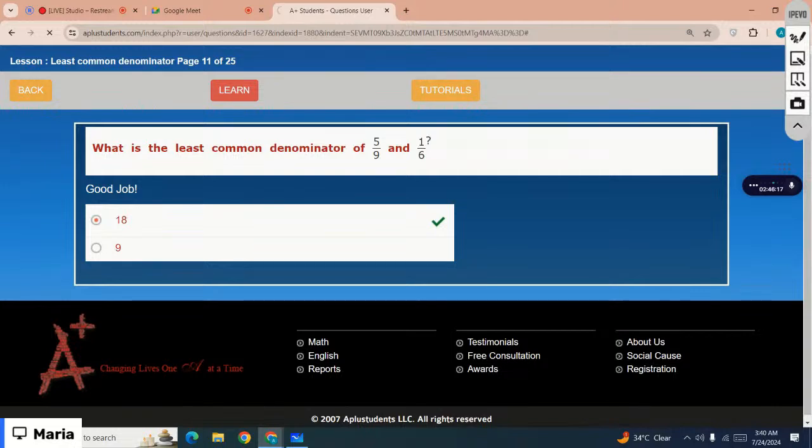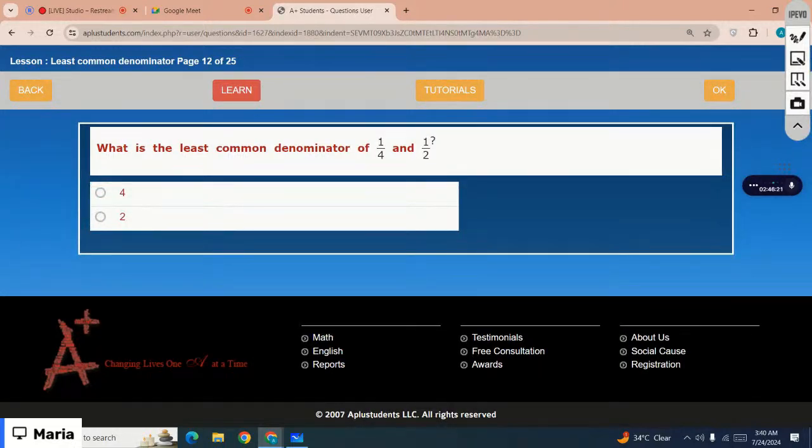Okay. What is the least common denominator of 1 by 4 and 1?